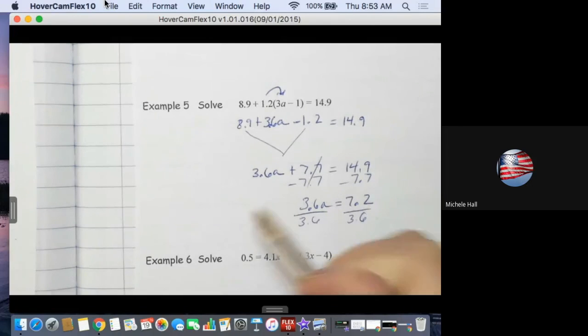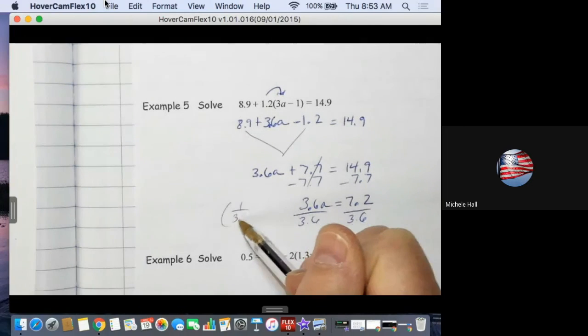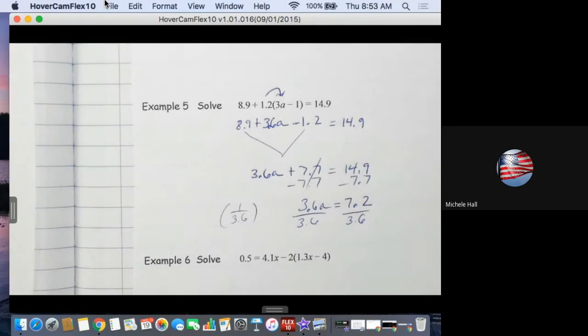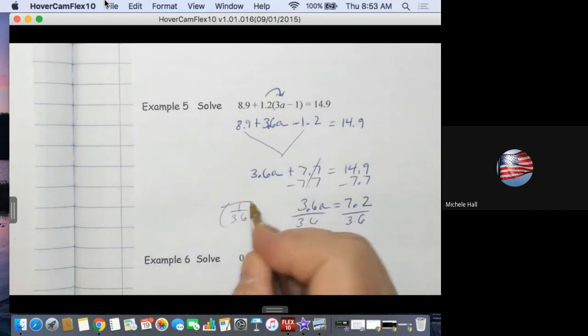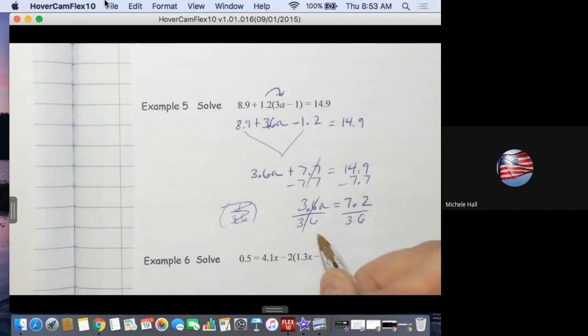Or the multiplicative inverse would actually be 1 over 3.6 multiplying by that. All right, so we have A equals, just forget about the decimals for a second, is 72 divisible by 36 evenly? By how much? 2. So 3.6 times 2 would give me exactly 7.2.